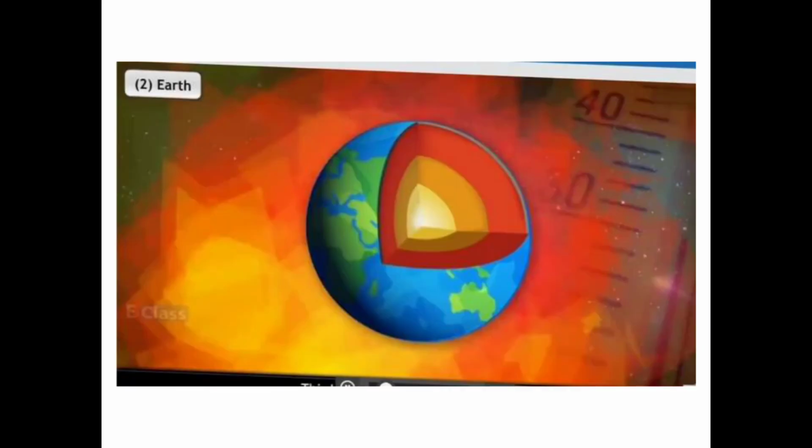Okay, so this is how our earth is getting the heat from sun. What is the name of the reaction? Nuclear fusion. फ्यूजन मतलब जुड़ना. एक अलग भी आता है, उसको बोलते हैं न्यूक्लियर फिशन. फिशन मतलब तोड़ना, फ्यूजन मतलब जोड़ना.